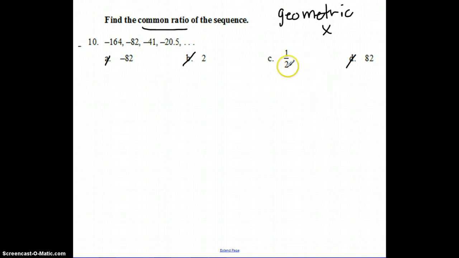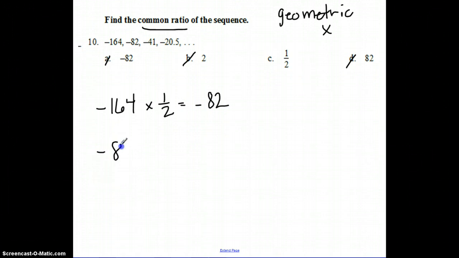So multiplying by 1/2 means that I cut it in half every time. So one way that I could actually find that out is if I took negative 164 and I multiplied it by 1/2, I would want to make sure I get negative 82 back out of it. If that works, then I'd want to take negative 82, multiply that by 1/2, and see if that gives me negative 41, and it does.